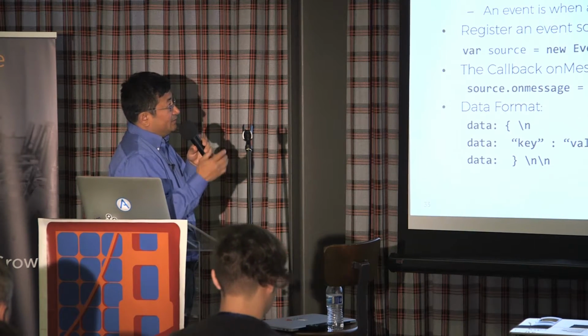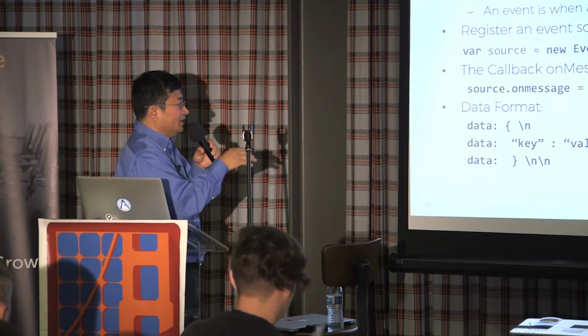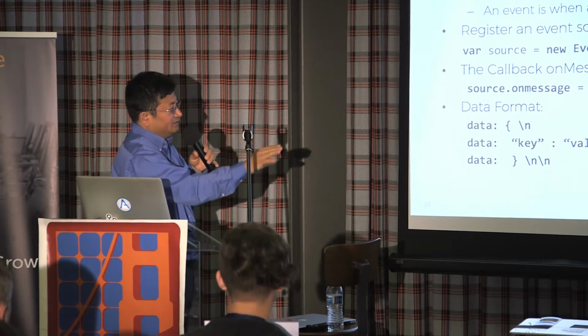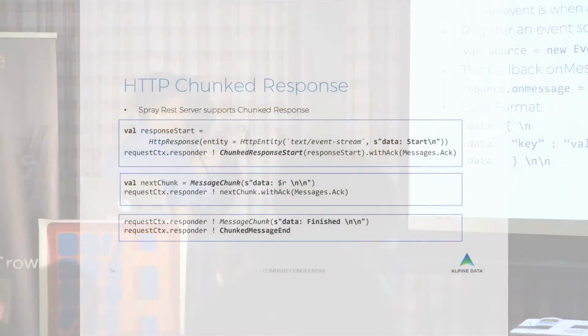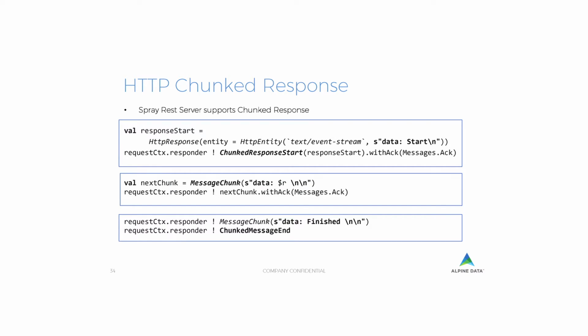The data format specific to SSE is the word data, a colon, and then you can put a JSON string there directly. On the server side, since we're using Akka, we're using a Spray-based REST API server. Spray is an Akka-based server.